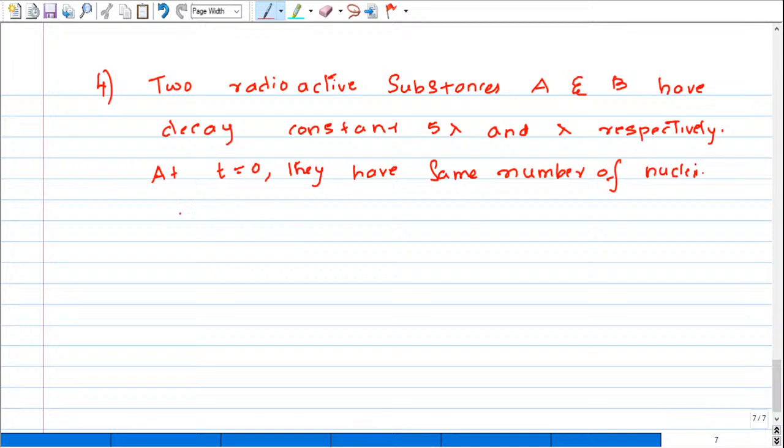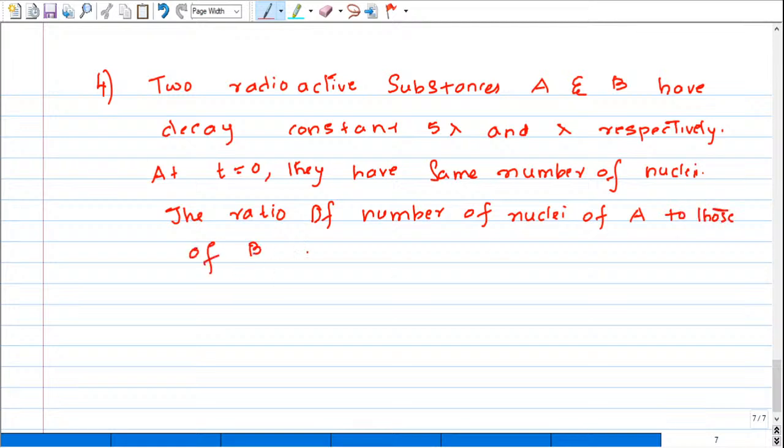The ratio of number of nuclei of A to those of B will be 1 by e square after a time interval.